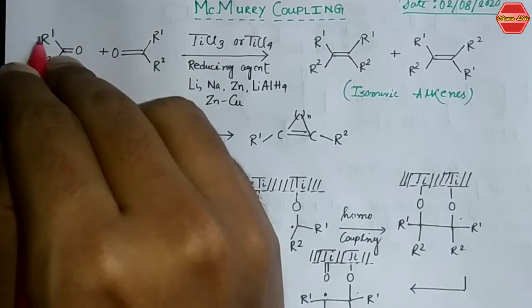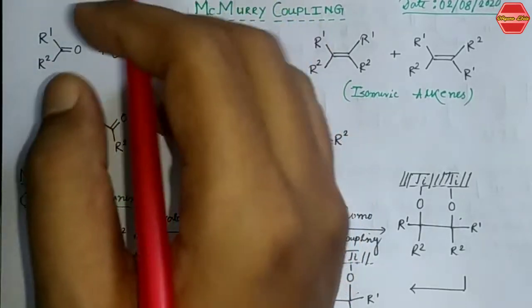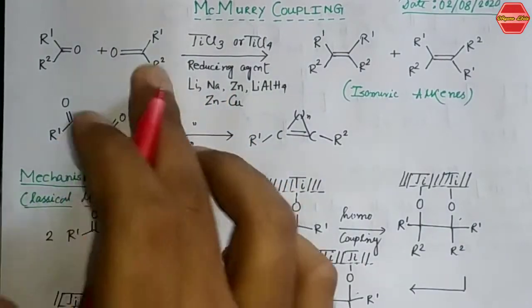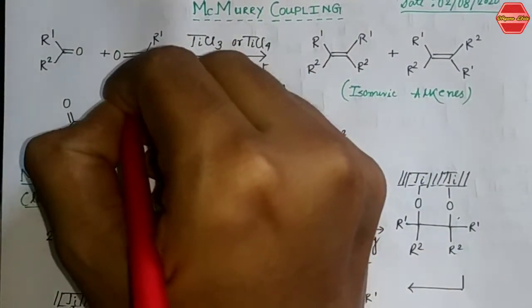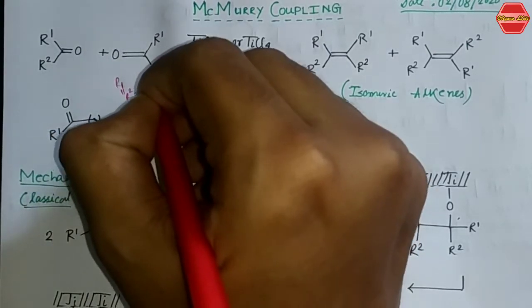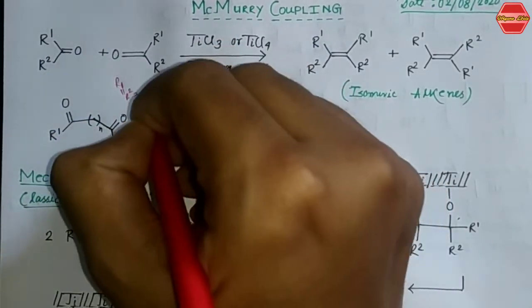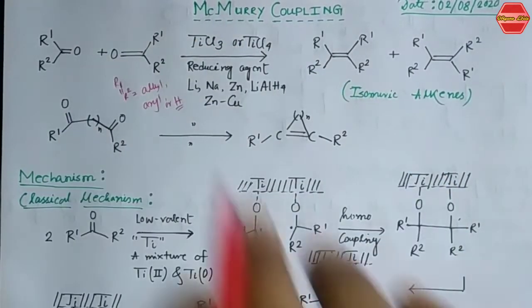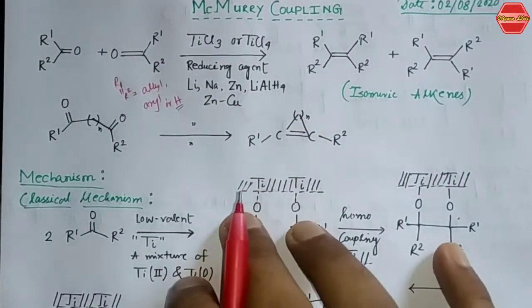The R1 and R2 may vary. They can be alkyl, aryl, or hydrogen. If there is a hydrogen, that will be called an aldehyde.